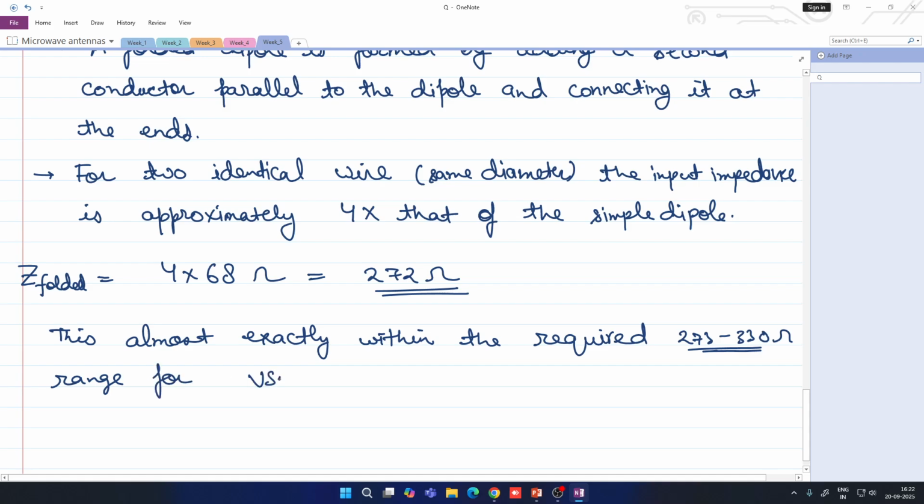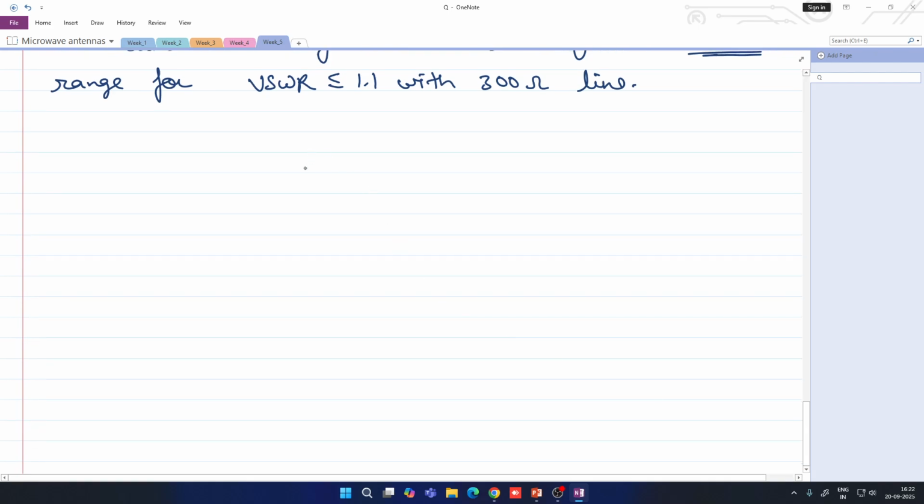For VSWR to be less than or equal to 1.1 with a 300 ohm transmission line, what we have to do is, suppose this is the lambda by 2 dipole, we connect a same diameter cable in parallel to the dipole, so that will make it a lambda by 2 folded dipole.